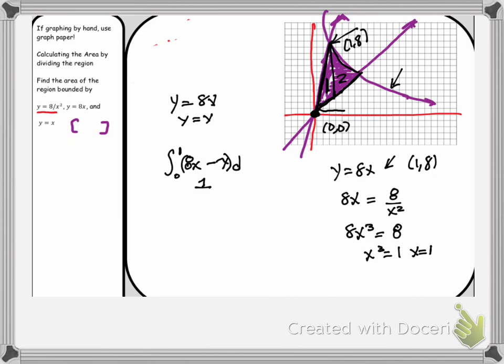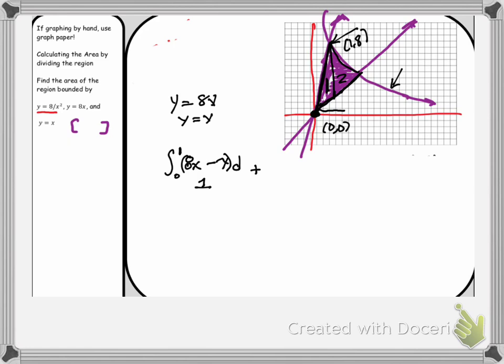And now I have to add, so I'm going to erase this stuff over here for now. I am going to add this second piece, and that piece would definitely go from 1, and I have to figure out what this intersection is. This point. So this point, I need the x value of that point.